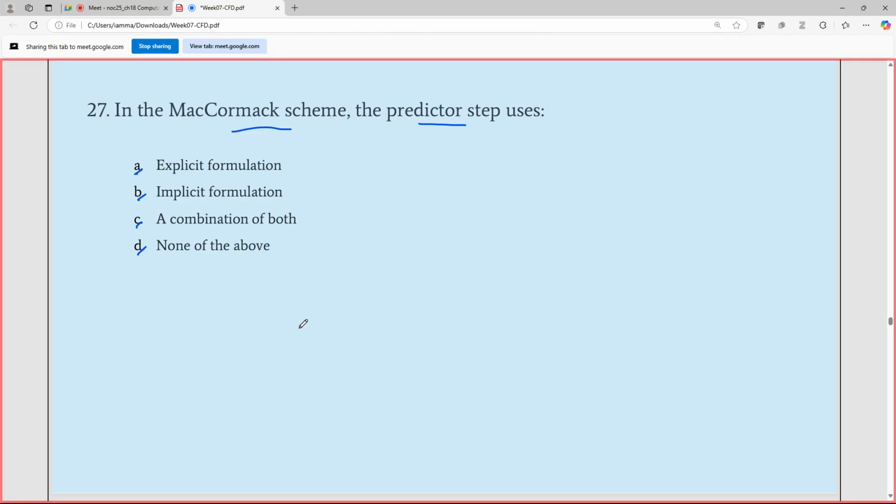The answer is option B, implicit formulation. The McCormack scheme's predictor step uses an implicit formulation.